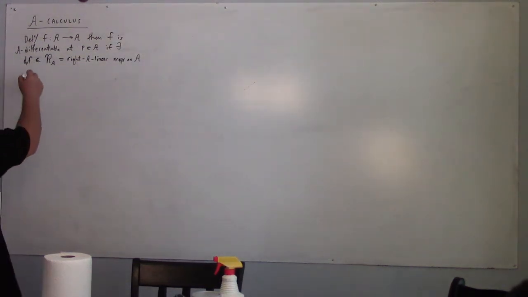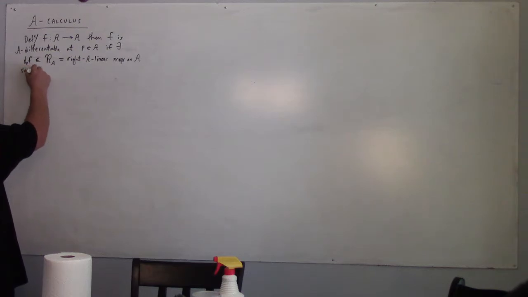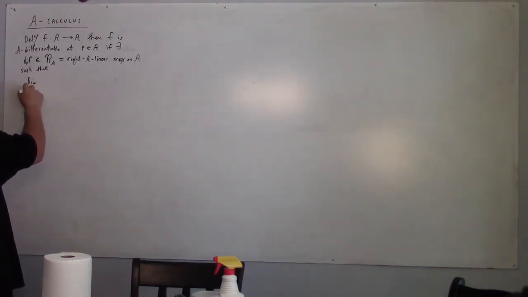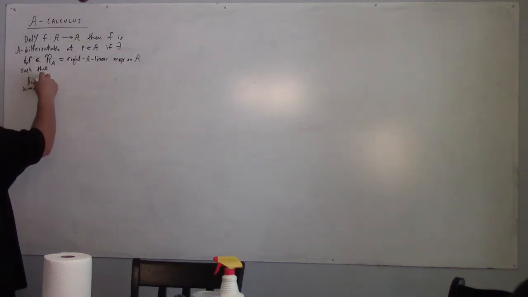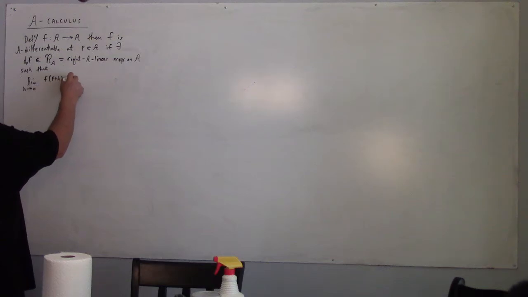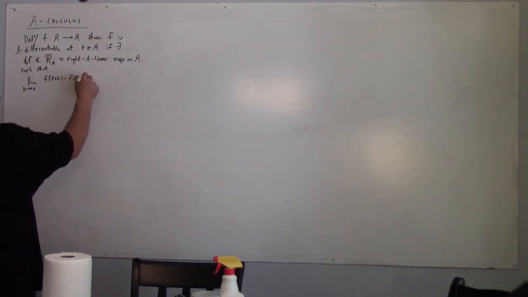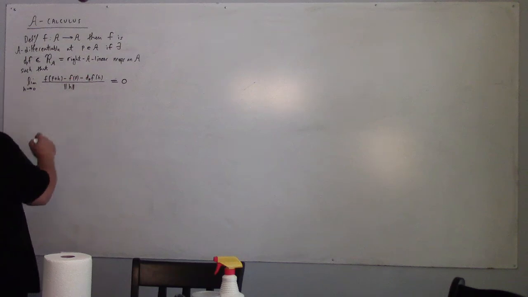So for example, left multiplication by a number is a right A linear map. But more than that, such that the limit as h goes to 0 of f of p plus h minus f of p minus dp f of h, divided by norm h, is equal to 0.